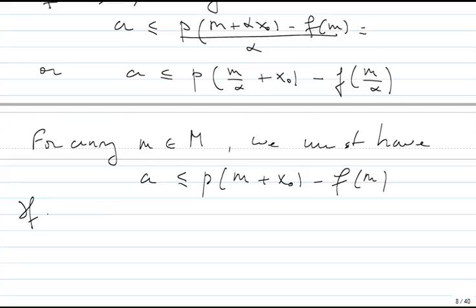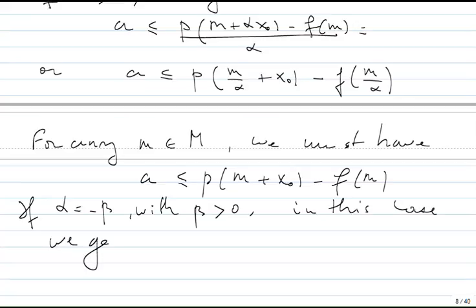If alpha is negative, if alpha is equal to minus beta with beta positive, in this case, similar calculations give us that A is greater.